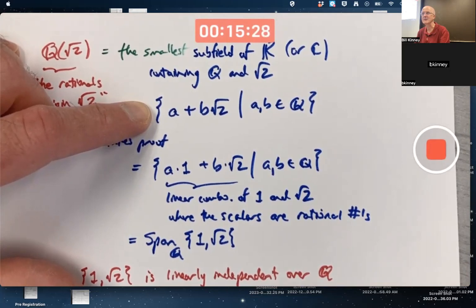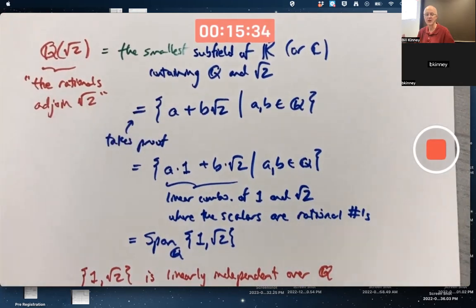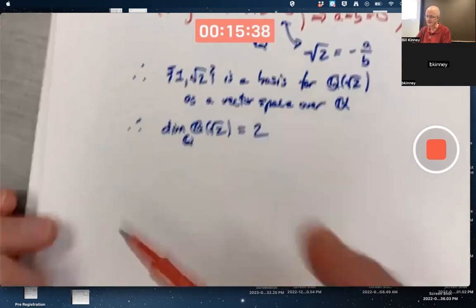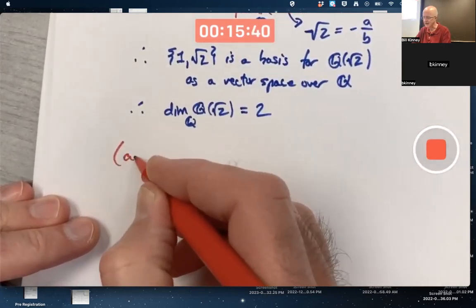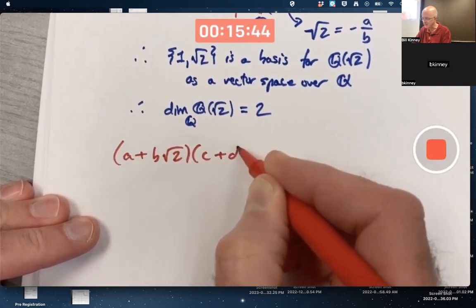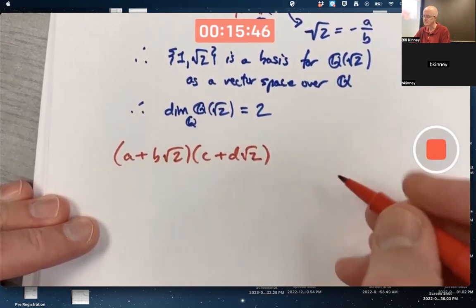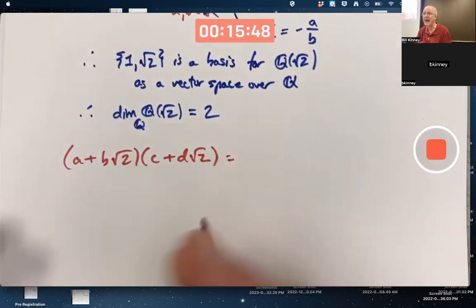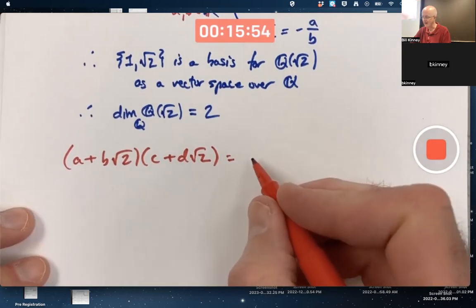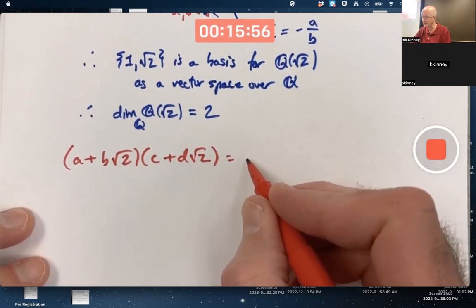We can multiply numbers like this, and to verify it's a field, you'd also need to verify it's closed under multiplication and also closed under taking inverses. We did talk about that the other day as well. Let's think about that again. Is it closed under multiplication? What I'm doing now is not regarding vector space properties, it's regarding field properties. Well, yes, go ahead and FOIL this out.